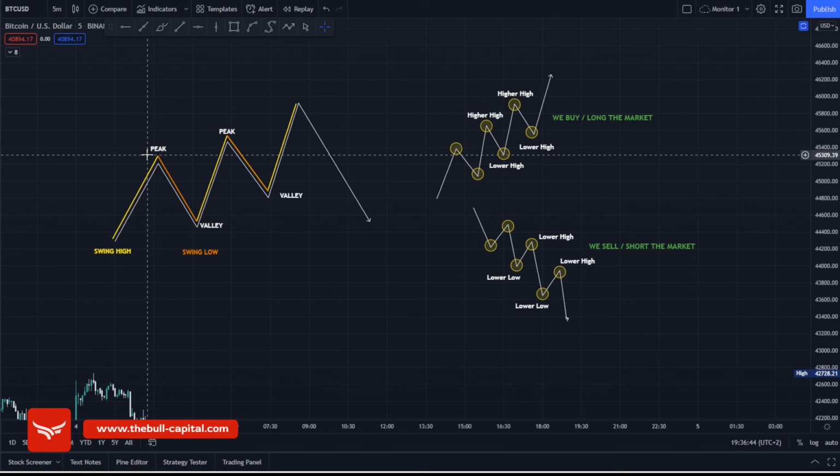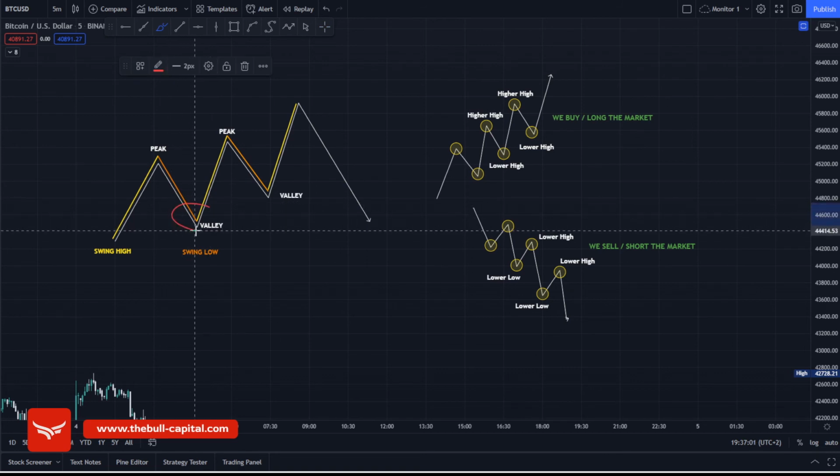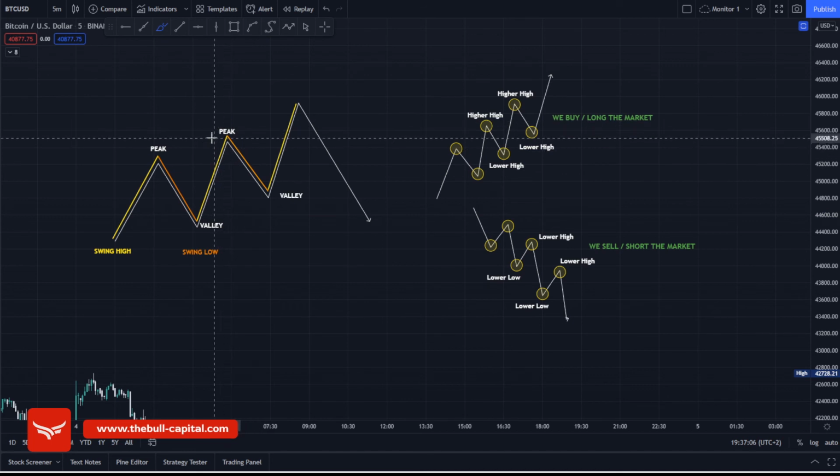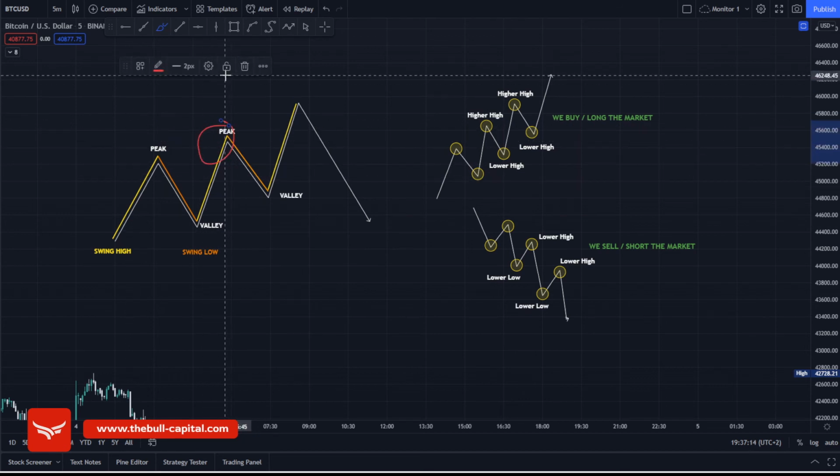And a swing low is the one that starts from a higher price and ends at a lower price. And when it ends and reverses and goes up again, it creates what's called a valley. And when the price stops going higher and starts going lower, it creates a peak.